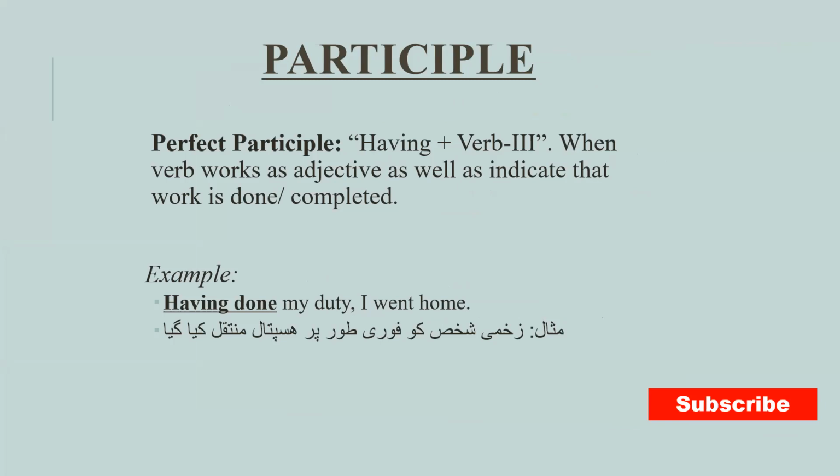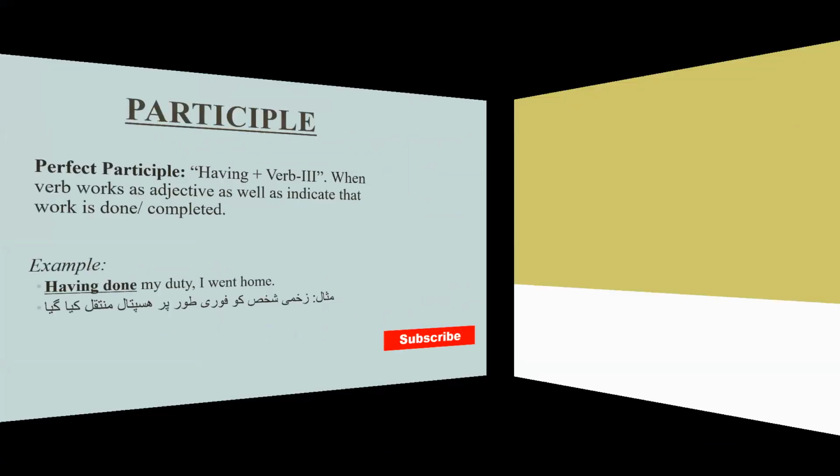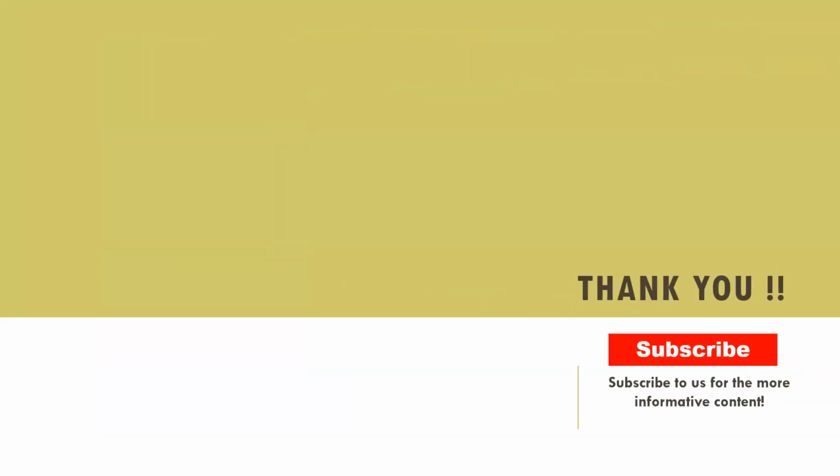Here, "having done" is considered non-finite, as it is not telling us about the action that is taking place in the past, in the future, or whatever the time it was. And here, "I went home", "went" is the finite form of the verb. Like for example, here we can say that he went home yesterday or two days before college.